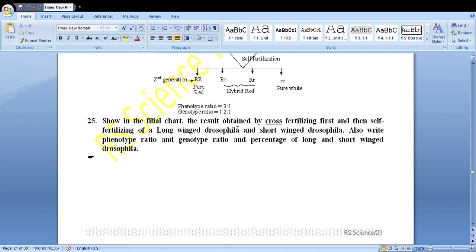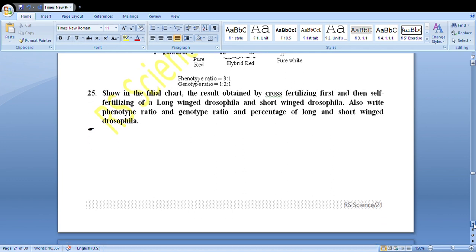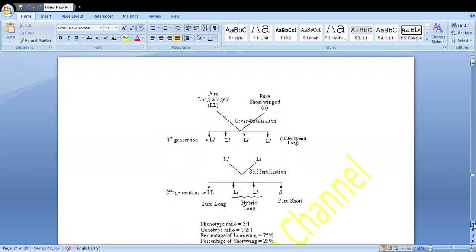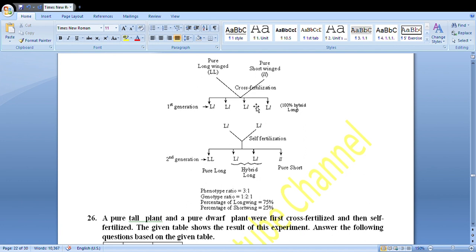So in first filial chart, the result obtained by cross-fertilizing first and then self-fertilizing of long-winged Drosophila and short-winged Drosophila. Same like previous questions. Also write the genotype and percentage of long and short. This is the first generation where 100% hybrid long are obtained, and this is second generation where mixed type obtained, pure long, pure short, and hybrid long.